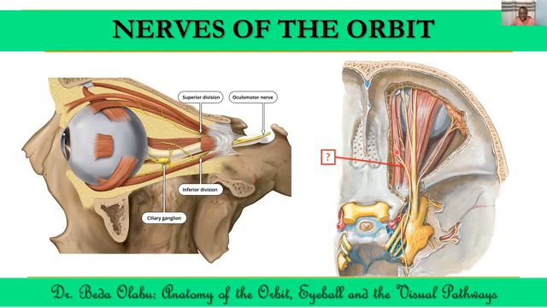The fourth nerve is the trochlear nerve. The trochlear nerve comes from the brainstem, again the midbrain, from the motor nucleus of trochlea, and it supplies only one muscle in the eye, that is the superior oblique muscle. Now, the trochlear nerve has some unique characteristics. It's the cranial nerve with the longest intracranial course.